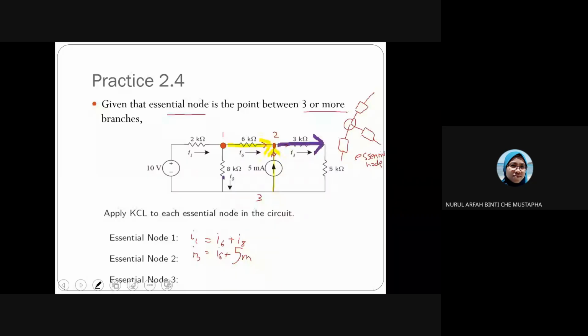And then we have a current out. So the current in should be equal to current out. So that's why we have it entry equal to I6 plus 5 milli. Why do we have the 5 milli? Because this is the value of the supply.